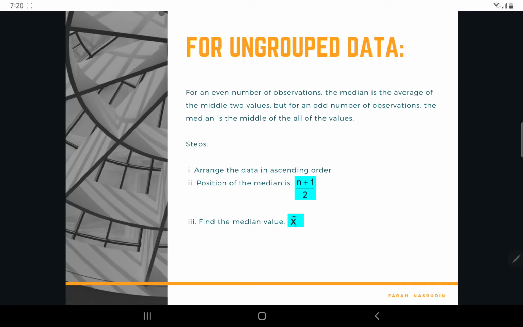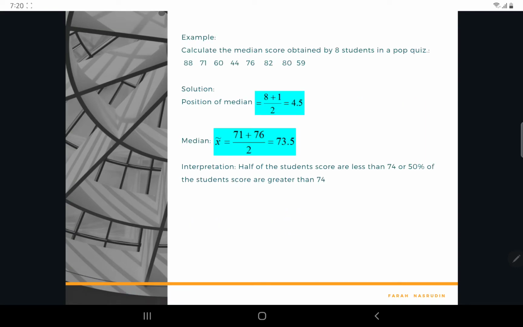We look at some examples here. We need to calculate the median score obtained by 8 students in the pop quiz. So our data is even data. First step, we need to arrange our data in order. For example, we want to arrange in ascending order.